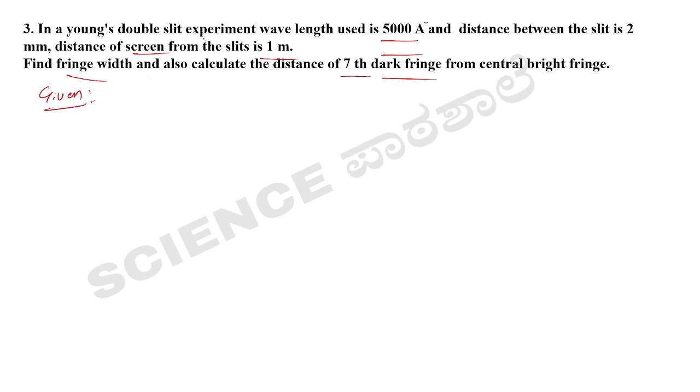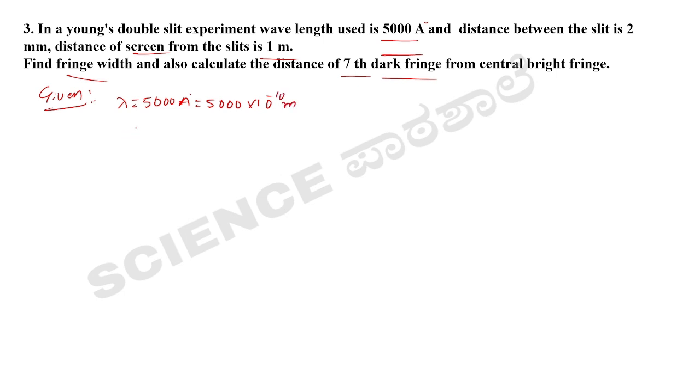So in Young's double slit experiment, wavelength used is 5000. Lambda is equal to 5000 angstrom is equal to 5000 into 10 raised to minus 10 meter.